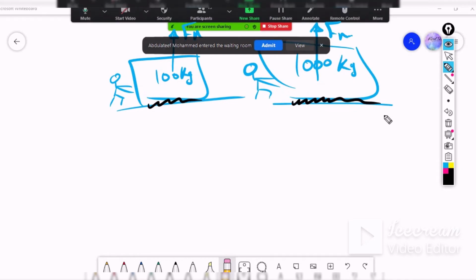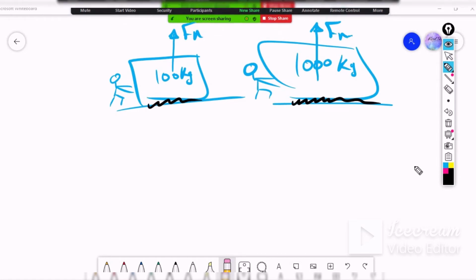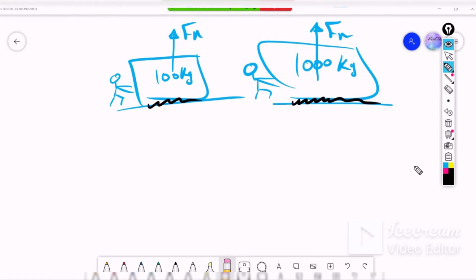Of course, the surface affects the friction. Now we have two things affecting friction: the normal force and the composition or qualities of the surface, or the material of the surface.